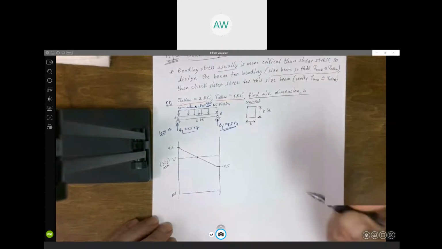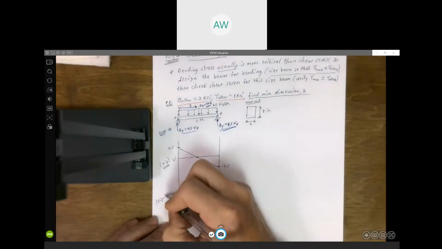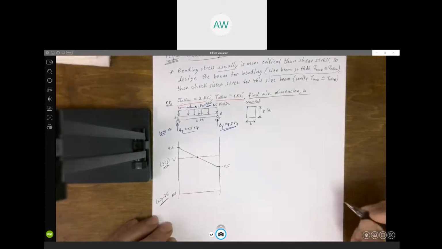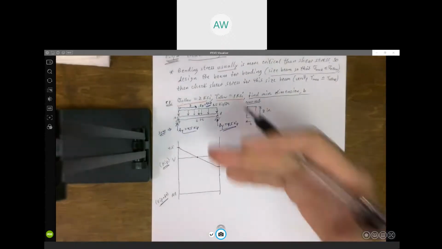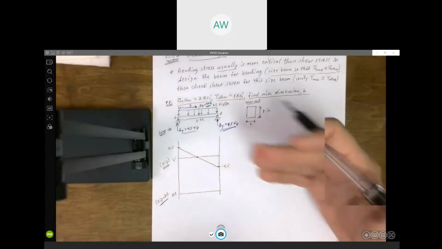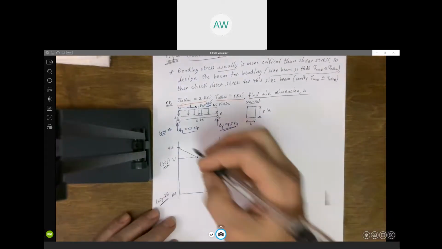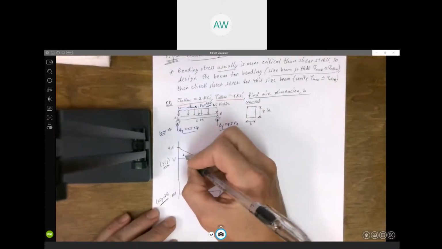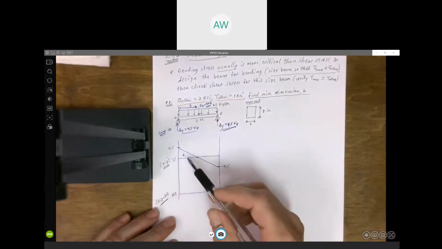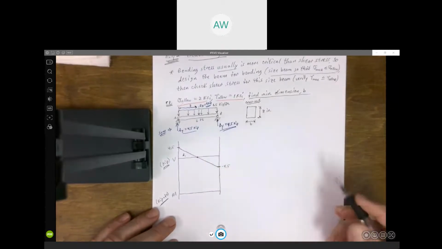These are kip feet. Now remember, the moment diagram is based on what the shear diagram looks like. We go up or down, whatever the area is, under the shear curve. So in this case, we're going to go up because it's above the axis, positive area. We're going to go up whatever that area is.